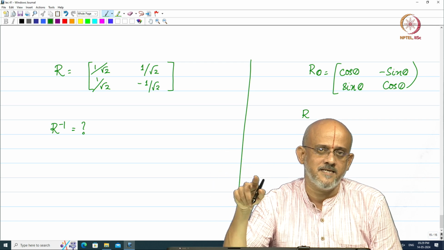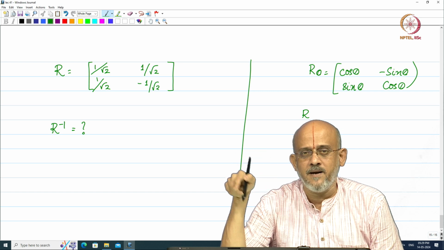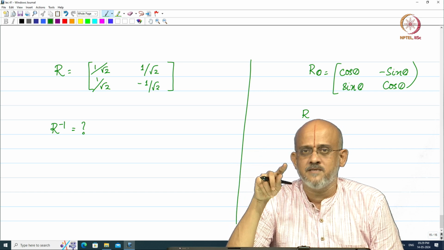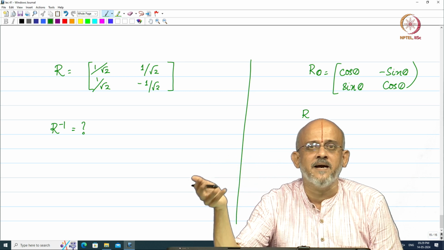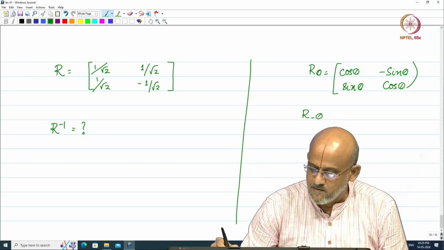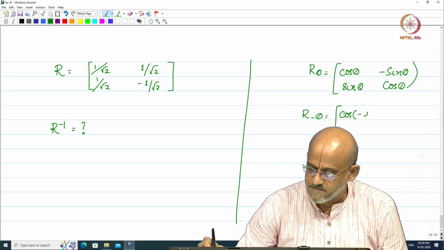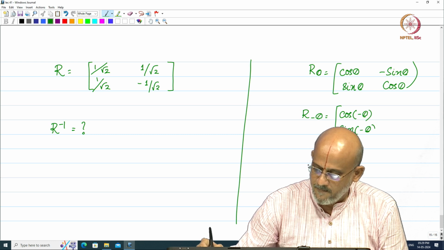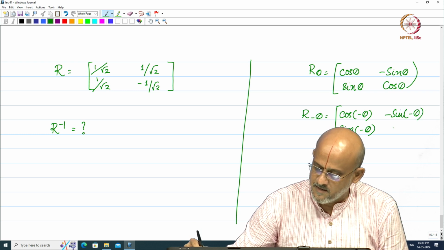I have reached my destination by rotating this vector by an angle theta. To come back to the original position, I have to rotate the same vector by an angle theta in the clockwise direction, which means I have to come back by minus theta. So what was R minus theta? R minus theta was basically this: cos of minus theta, sin of minus theta, minus sin of minus theta, and cos of minus theta.